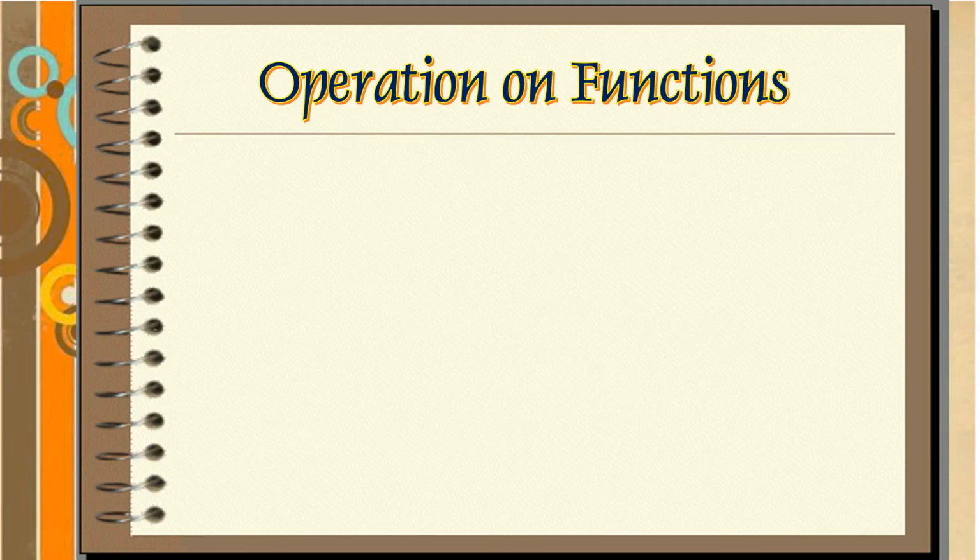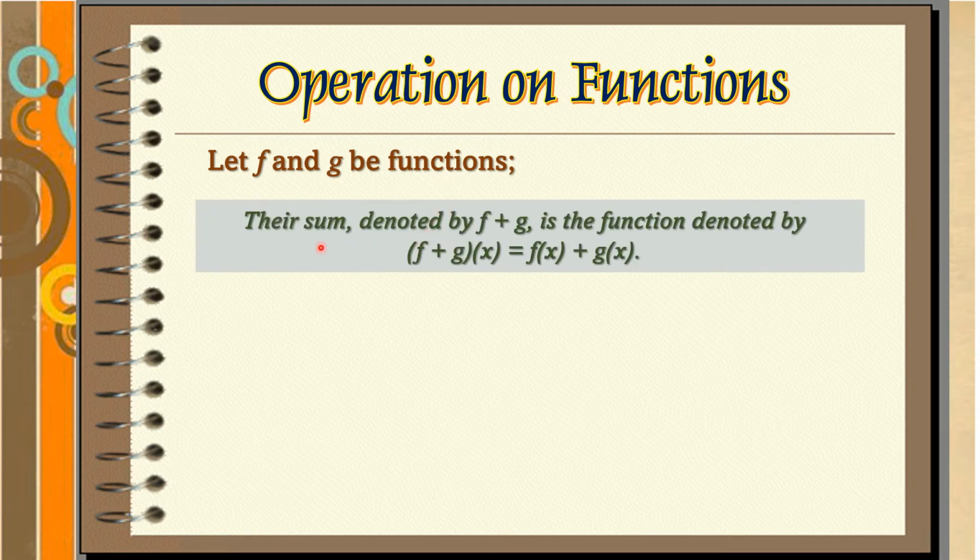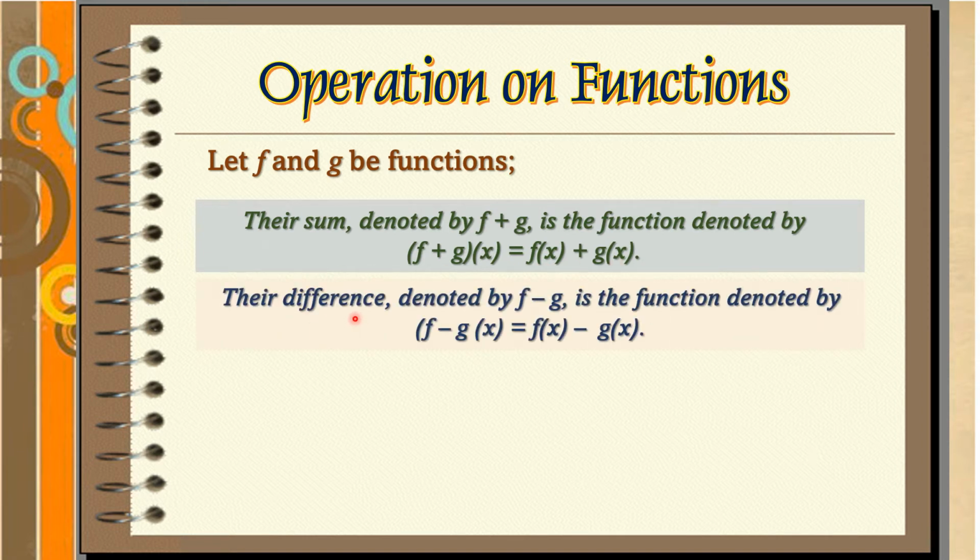So the operations of functions are defined as follows. If we let f and g be functions, then we have here their sum, denoted by f plus g, is the function where f plus g of x is equal to f of x plus g of x. Their difference, denoted by f minus g, is the function where f minus g of x is equal to f of x minus g of x.